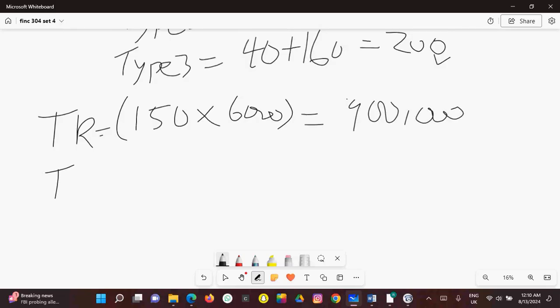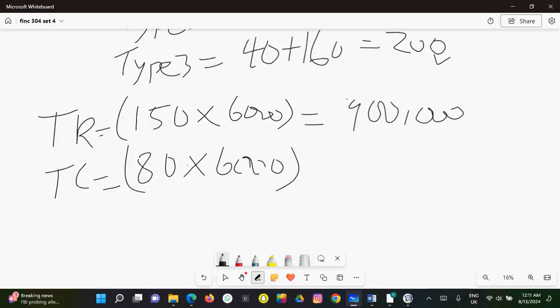And total cost is going to be, when we add the 2, the 50, and then the 30, 80 times 6,000. We are going to get 480,000.